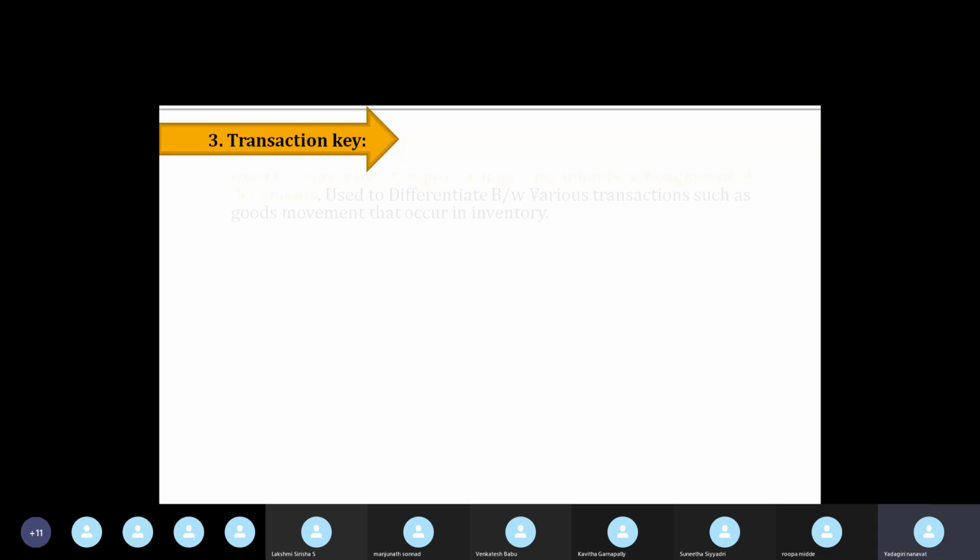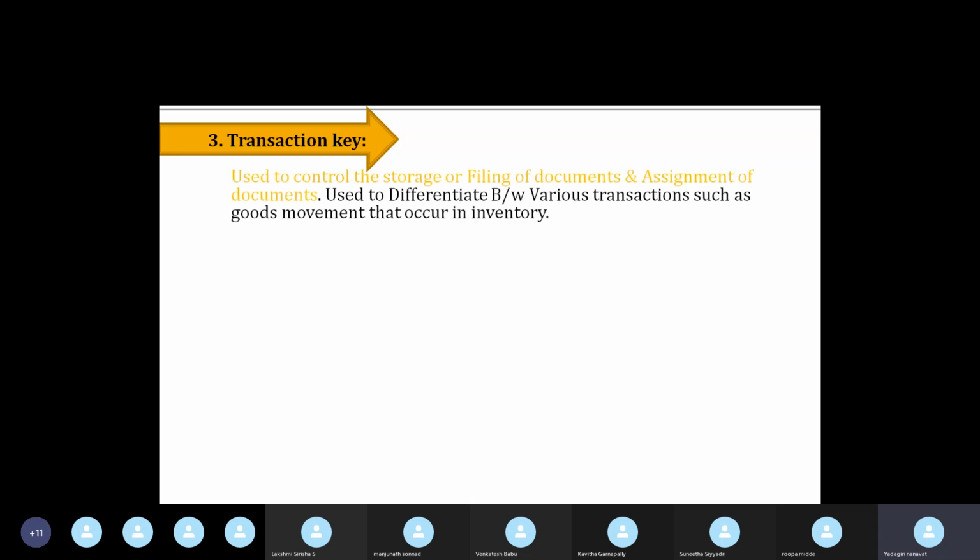Third one, transaction key. Transaction key is used to control the storage or filing of documents and assignment of the documents. It is used to differentiate between the various transactions, such as goods movements that occur in the inventory.